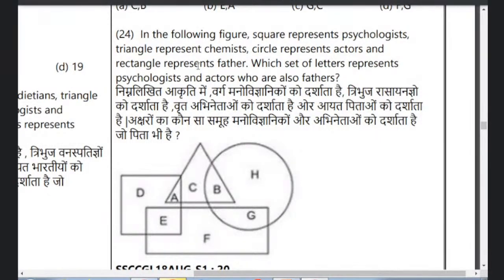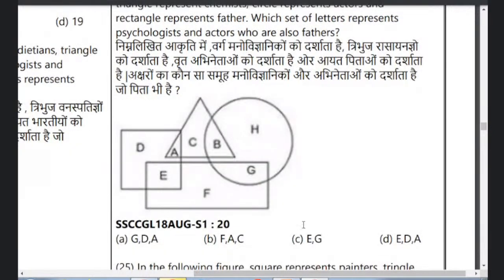Square represents the physiologist: A, D, E. Actor is the circle: B, H, G. But also the father, who is represented by the rectangle: E and G. So who are the physiologist and actor and also the father? E and G. Option C. Okay.